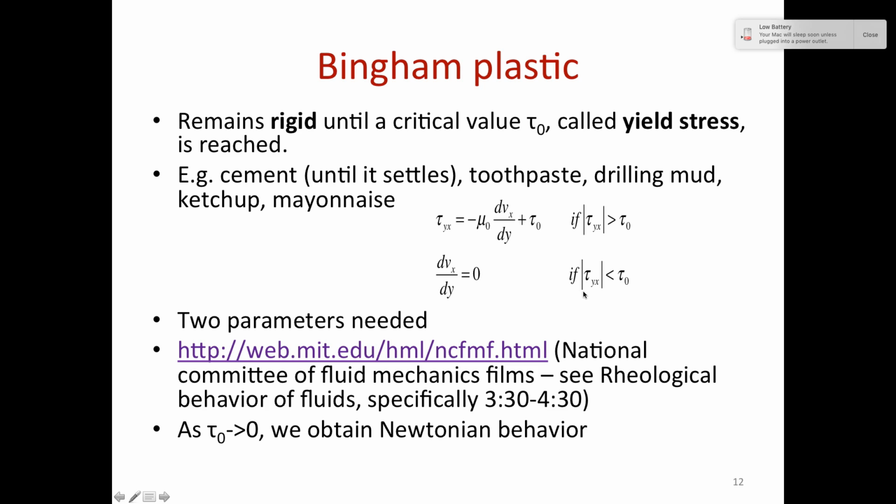So basically, below that value, you actually don't have a relationship between shear stress and velocity. You simply don't know what that relationship is. But what's true for your velocity is that it's inertia. It's going to stay what it was just before that, or what it is at some point neighboring it. So if you weren't moving, you're not going to start moving.